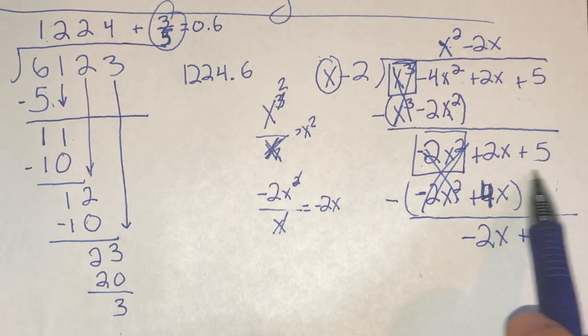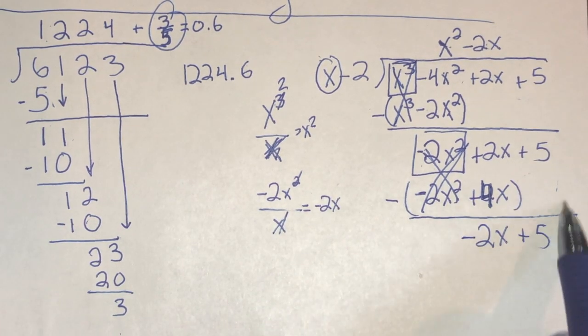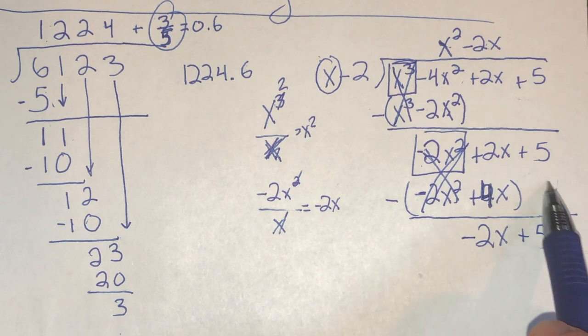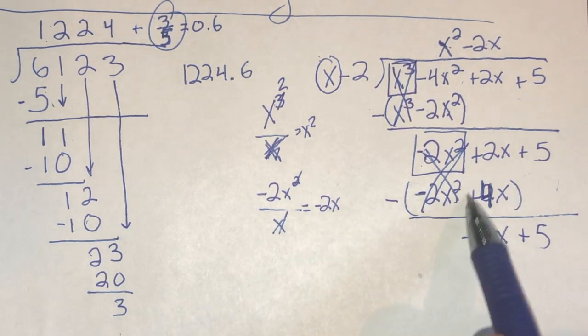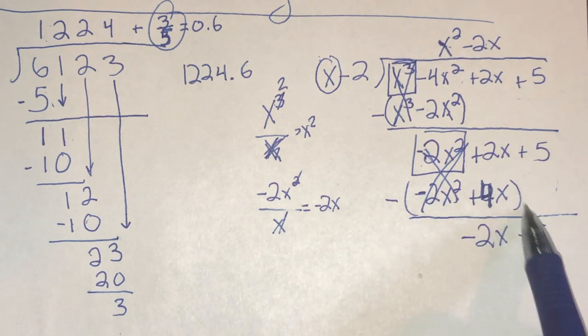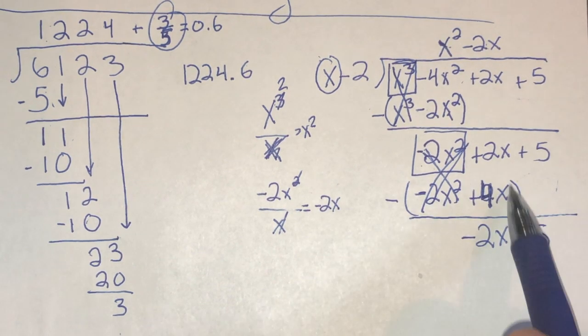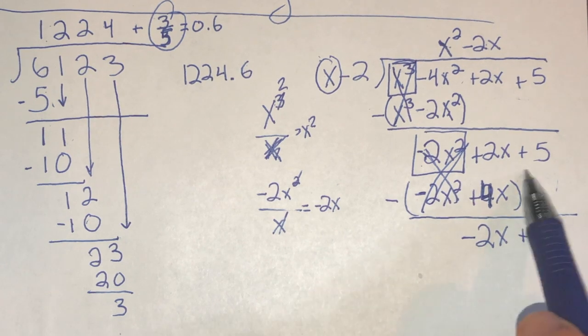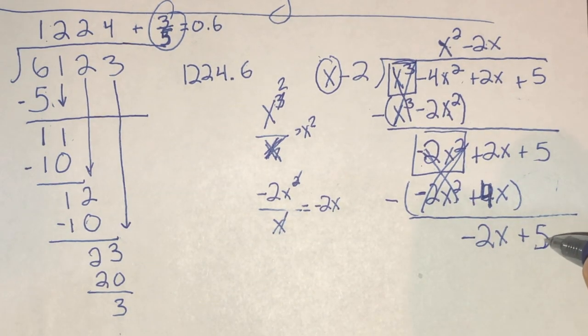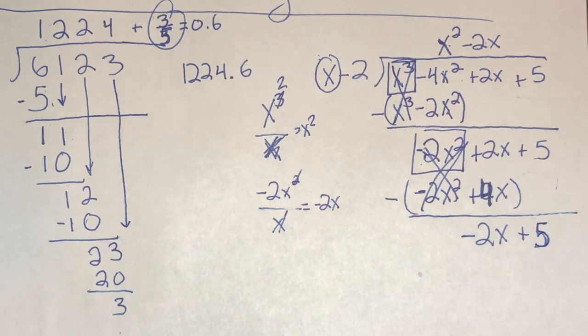Notice there is nothing here, I'm not subtracting anything. You can see it as an invisible 0, because I'm only subtracting some x squareds and some x's, not any straight numbers. So there should be no impact, because nothing is being subtracted from the 5.